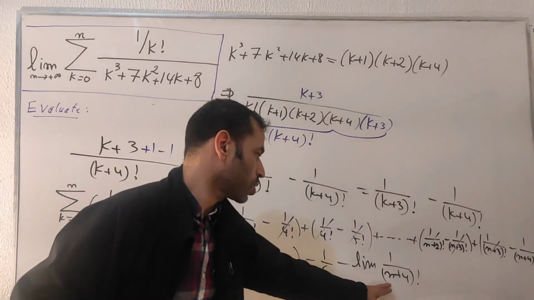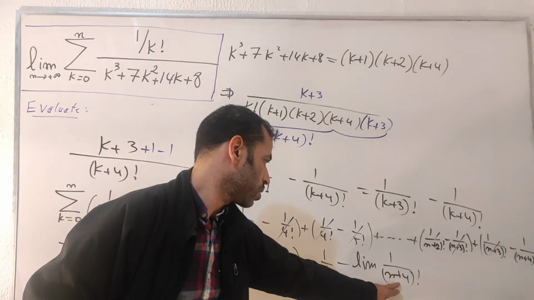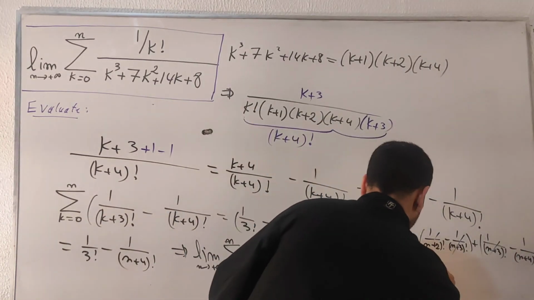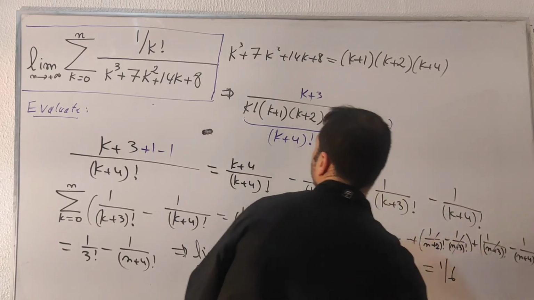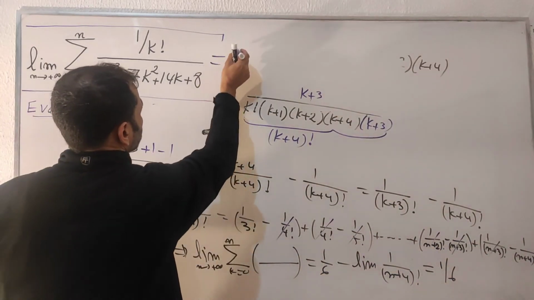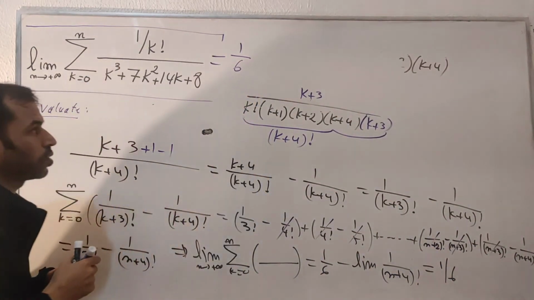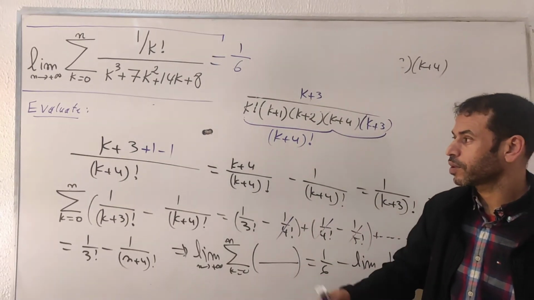When n goes towards infinity, this gets 0. So I will be left with 1 over 6. So this sum equals 1 over 6. Okay, so I have done this problem.